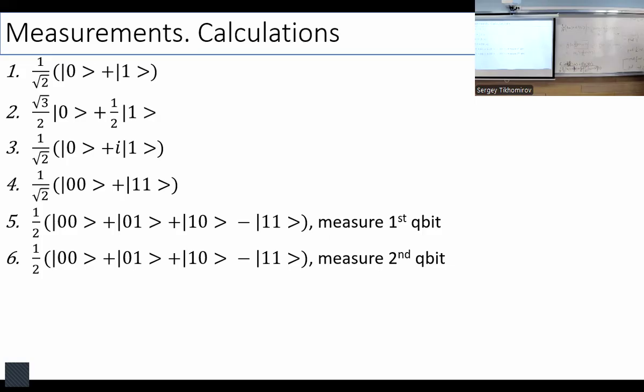And we get 1 over square root of 2, 0 plus 1, 1. Here 1/2, 1 over, oh, 0. No, 0, yes. And here we get 0 minus 1, 1.